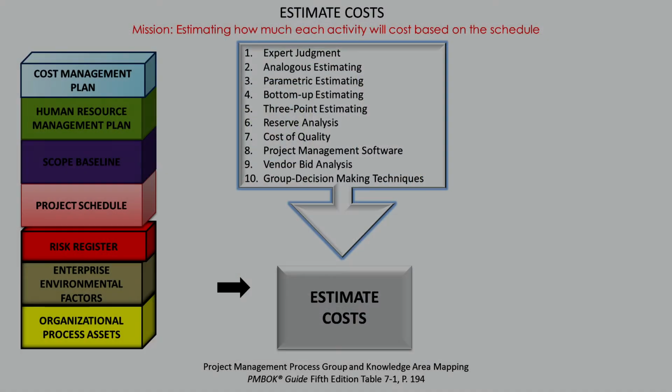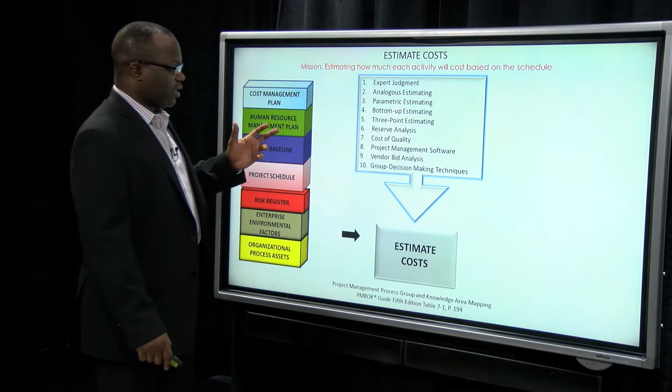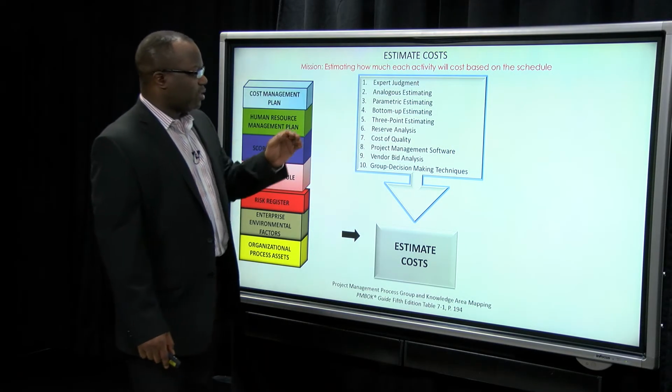This process is rather unique because it's only in this process, estimate costs, that we have the 4 estimating types in project management. So we've got expert judgment. Of course, you need expertise to estimate how much activities will cost. And that subject matter expertise could come from anywhere in the organization or outside the organization.